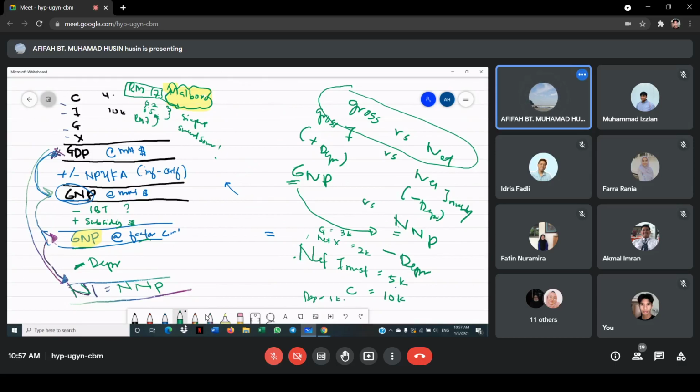Siapa boleh kira? Siapa kira GDP? Come on. Anyone? Government 3K, net export 2K, net investment 5K, consumption 10K, depreciation 1K.